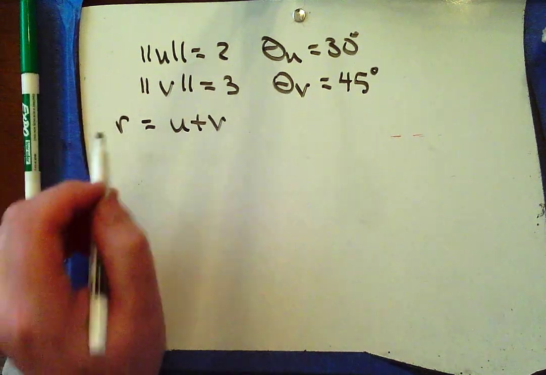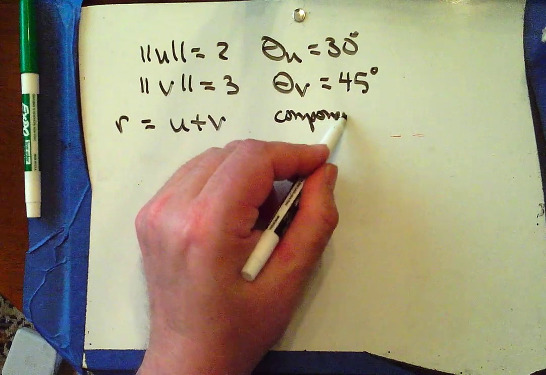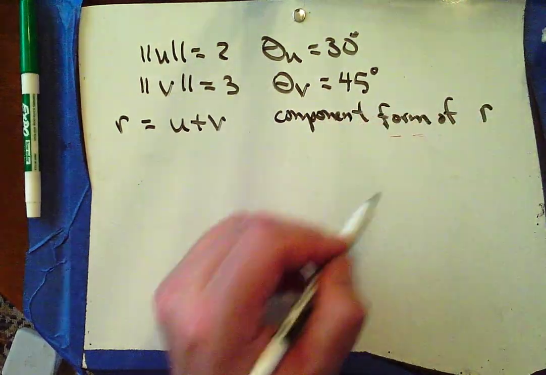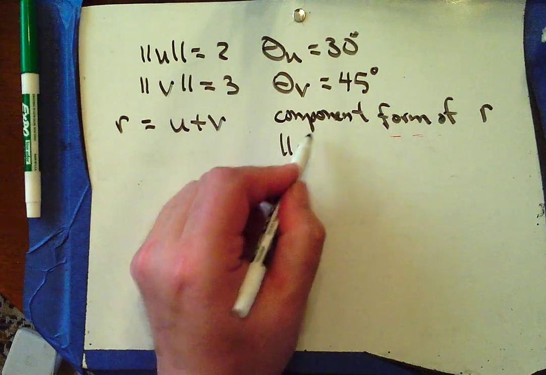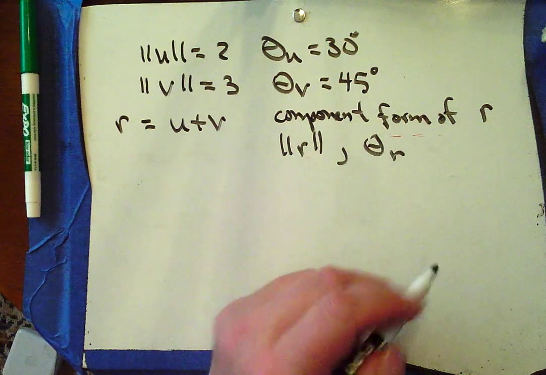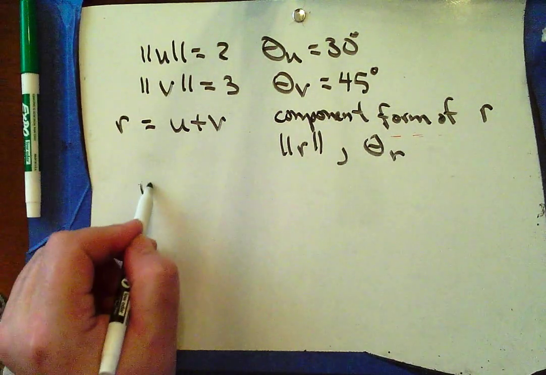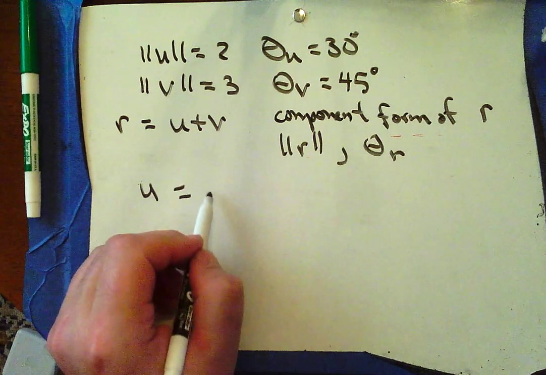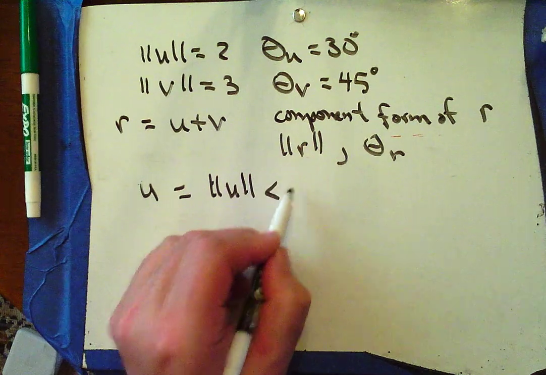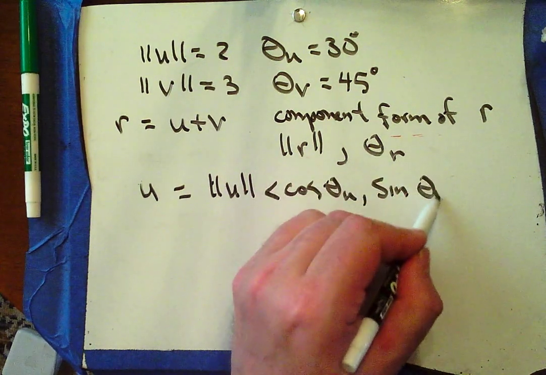And not only do I want to find the component form of r, but I also want the magnitude of r and theta r. I want all three of these things. So let's start off by building vector u. u will be the magnitude of u times cosine theta u, sine theta u.